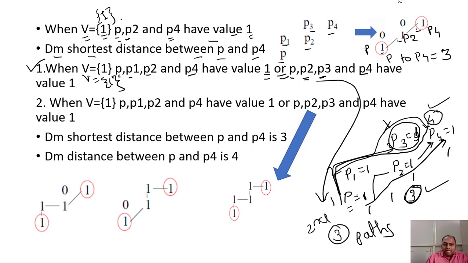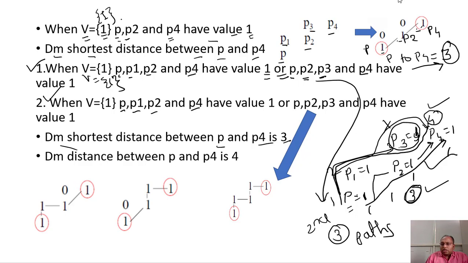Okay, next, let us say again, P is there, P1 is there, P2 is there and P4 is there. We have discussed this also, right? Then if I am going to find out the shortest distance path between P and P4, then in the first case I will be getting the distance between P and P4 as 3, right?